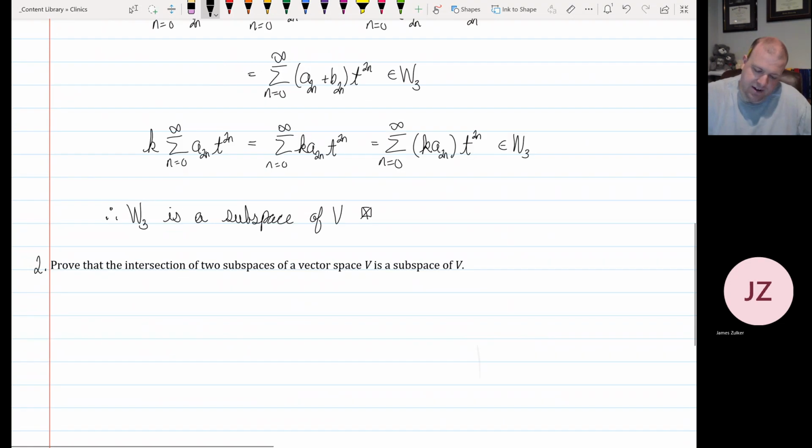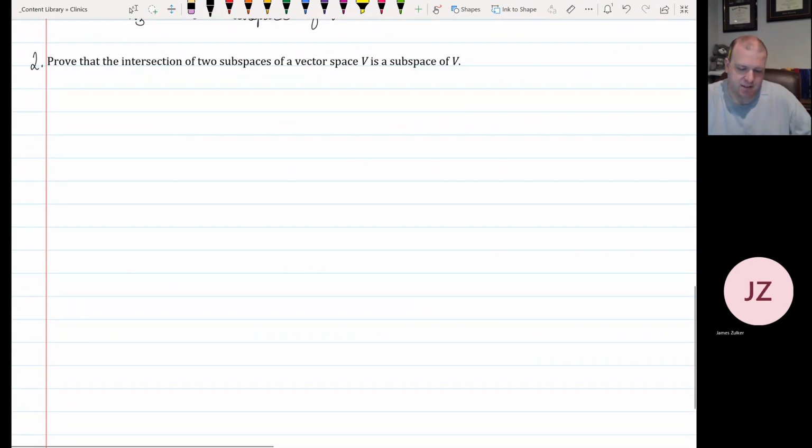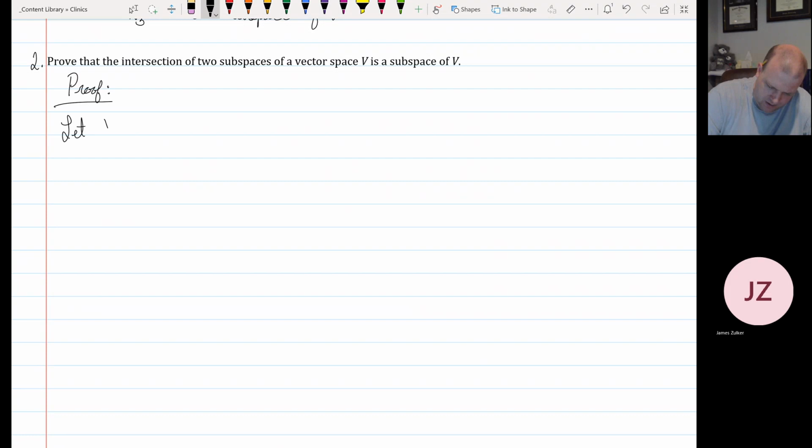I want to prove that the intersection of two subspaces of a vector space V is also a subspace of V. So let's call these two subspaces W1, W2.